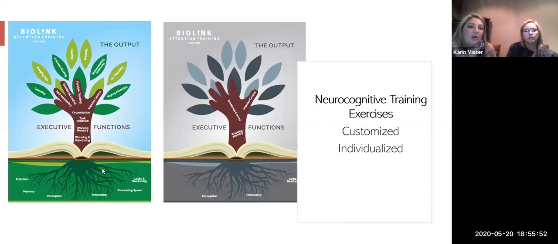Because if your cognitive skills are well developed and strengthened, then you get your executive functioning skills, because they are the underlying, if I can call it, roots for your executive functioning skills. Now, your executive functioning skills are more your higher functioning skills.